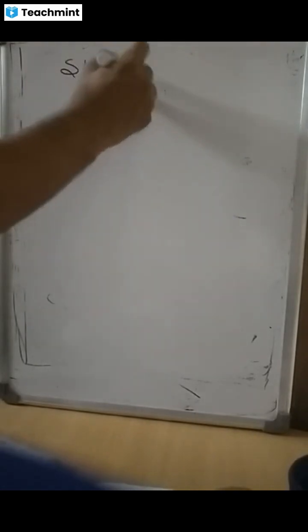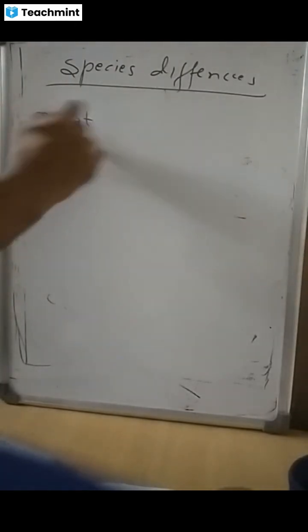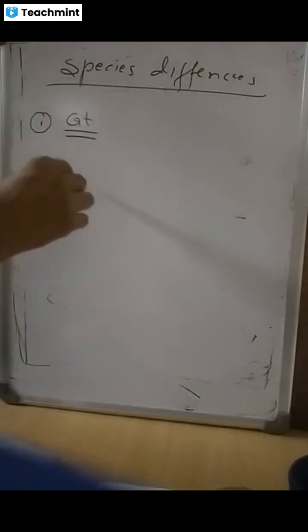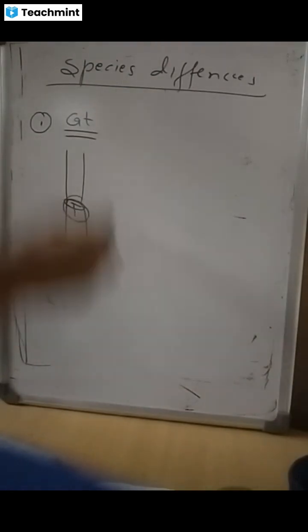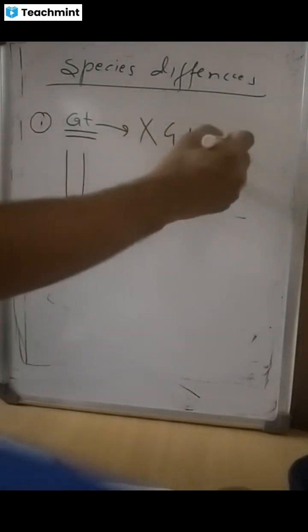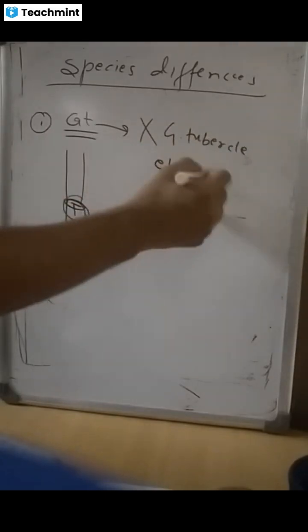Now, species differences. In case of cat, as in other species the tubercle elongates, but in case of cat there is no tubercle elongation.